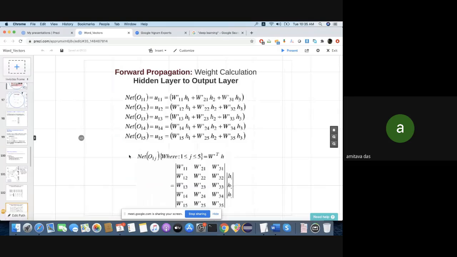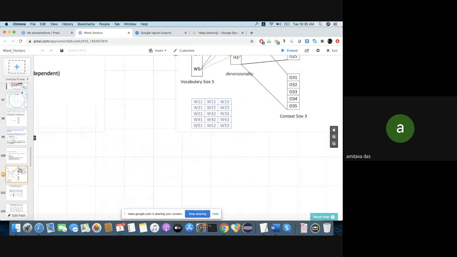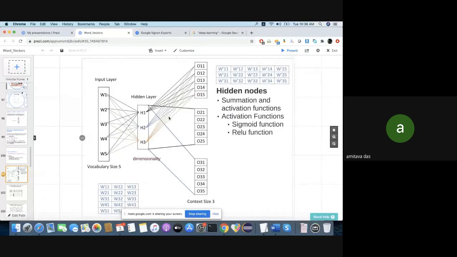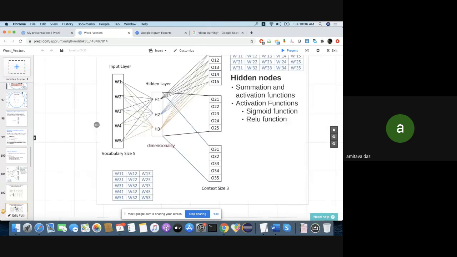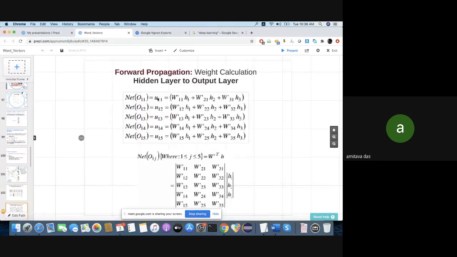Now we are renaming the net O11. If you remember, this is O11. We are getting input from hidden layer units 1, 2, and 3 into this O11. So we are renaming this, saying this is U11: W dash 11 into hidden unit 1, W dash 21 into hidden unit 2, W dash 31 into hidden unit 3.